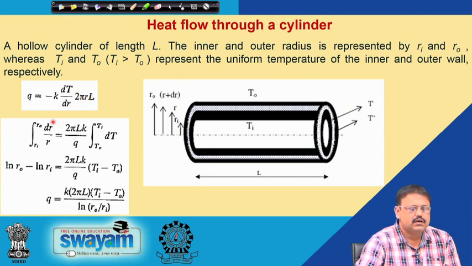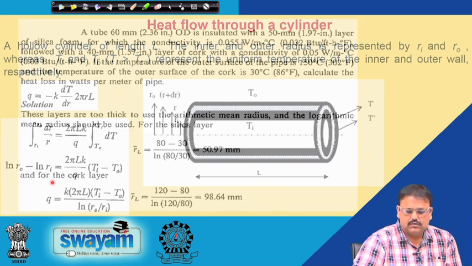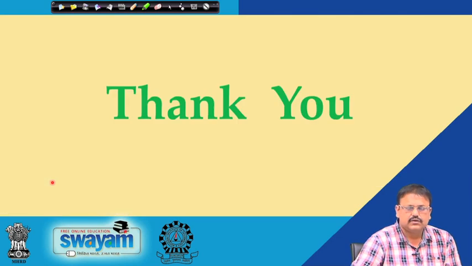So, from there we can integrate from radius r i to r 0 with dr by r squared, and similarly for this case we can calculate the total Q value in this way. In a similar fashion, we can calculate for the spherical geometry also. That is all. Thank you very much.